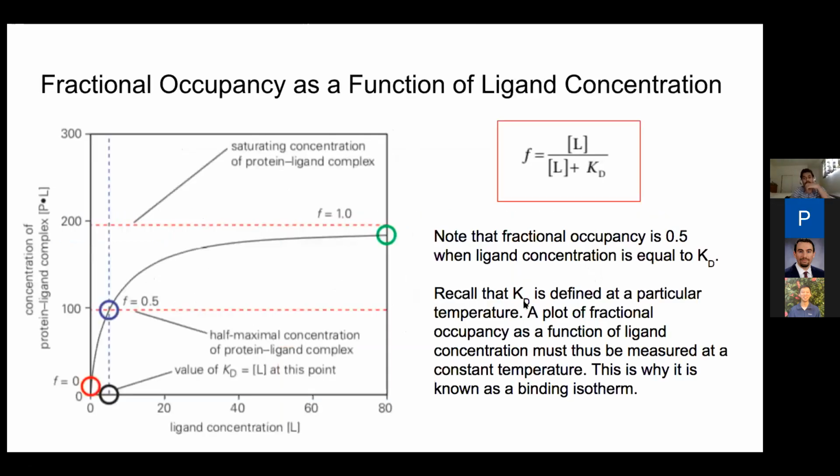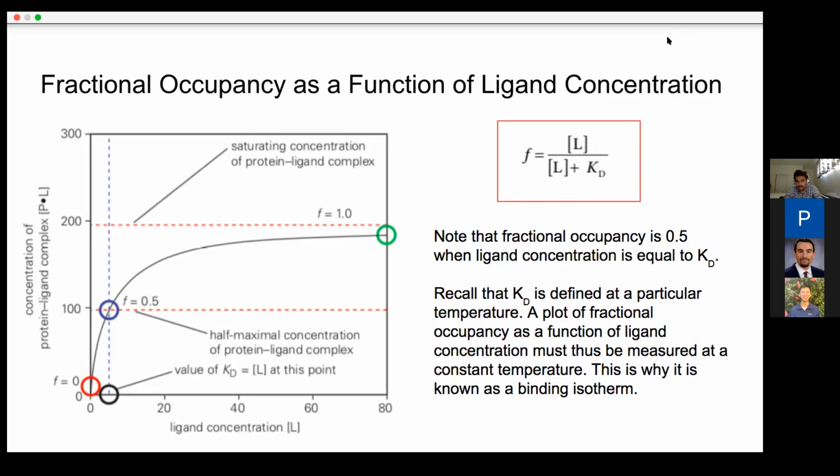And then the special thing to note about this fractional occupancy is what happens when the ligand concentration is equal to the dissociation constant, right? So if we plug in KD for the concentration of ligand, we get KD over 2 KD, which means that fractional occupancy is 1/2 or 0.5. So this is what I was saying before.